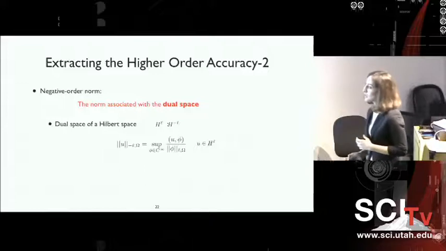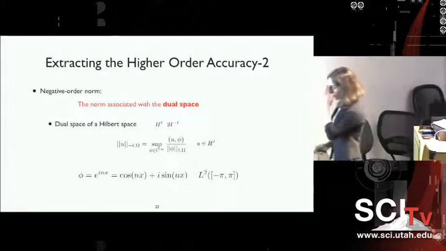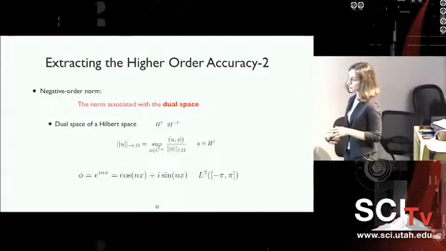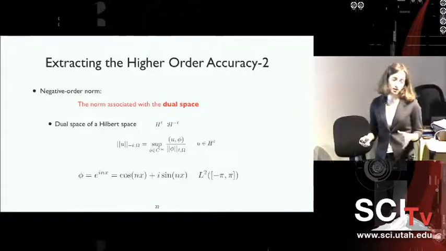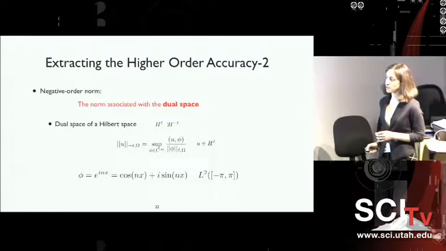Another way to look at this norm is, for example, if we consider a very simplified domain, for example, minus pi to pi, and we can assign these phi functions to be the complex exponential function, and obviously this belongs to C infinity.